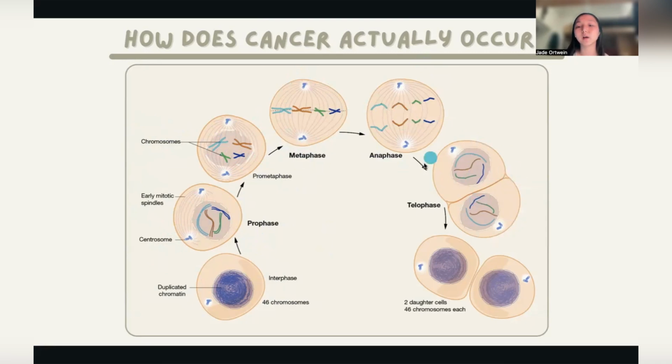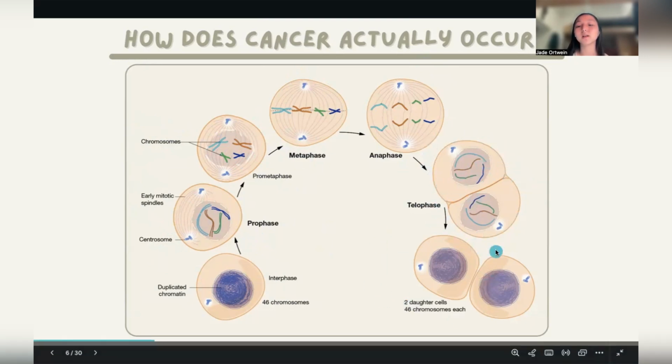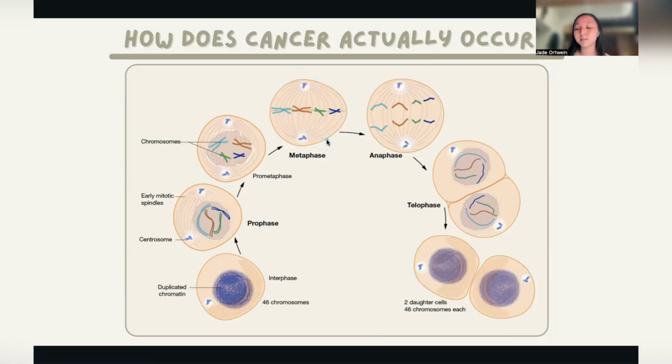You can see the cells start to develop into two individual cells, and then in cytokinesis, they finally split apart. But mostly the checkpoint is in metaphase, where it checks to see if the chromosomes are correctly aligned and all attached to the spindle.